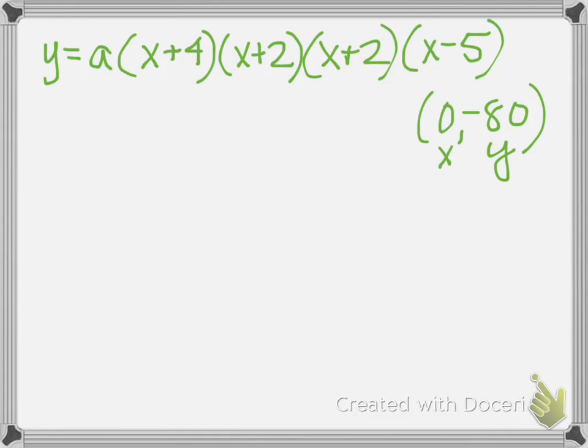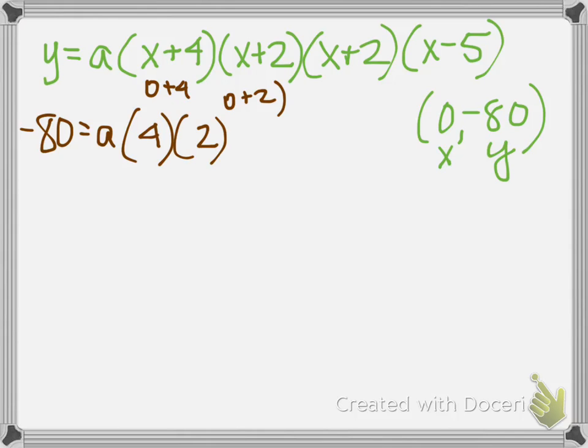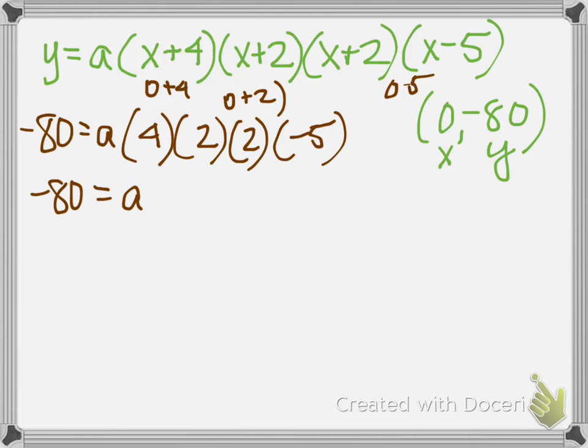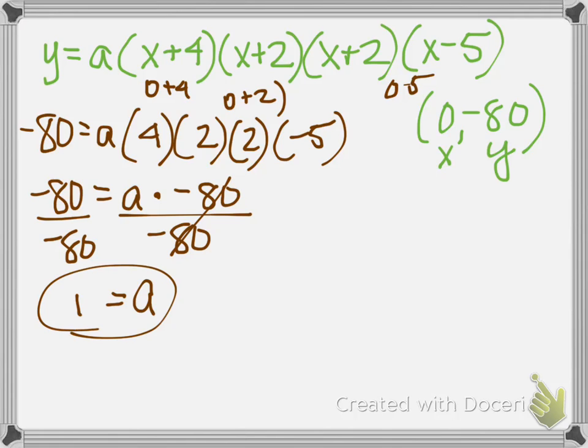I'm going to plug those numbers in. So y is -80 equals a times, so 0 plus 4 is 4, 0 plus 2 is 2, 0 plus 2 is 2, and 0 minus 5 is -5. Multiplying all of those together, we get -80. I have a times -80. Dividing by -80 to solve for a gives me +1. All that work to find out a is 1.